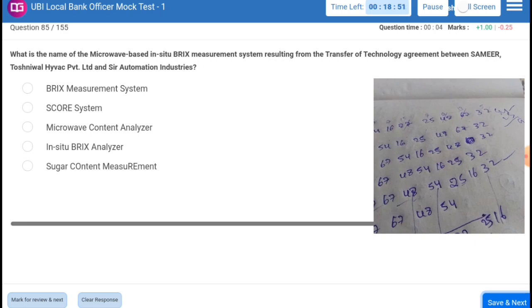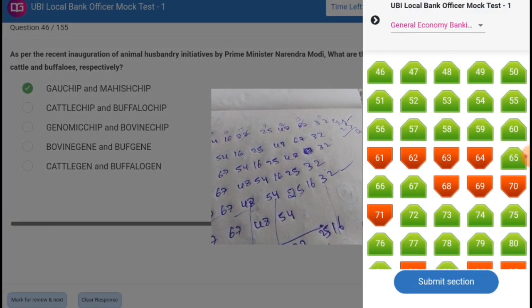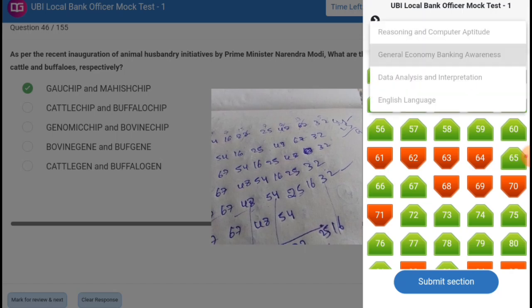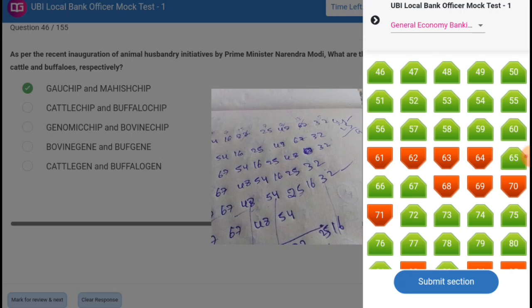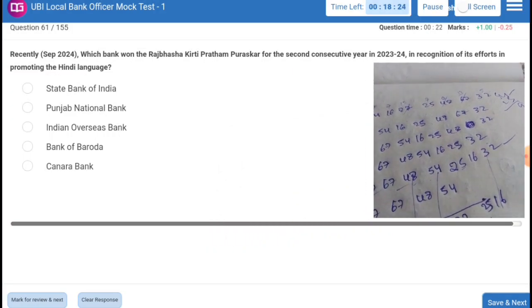What is the name of... so I think it is Punjab National Bank.